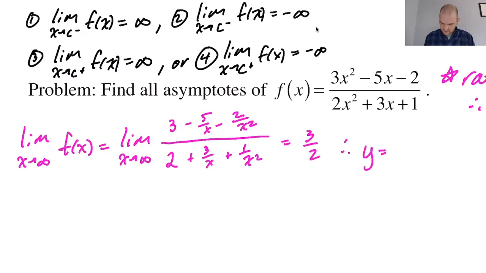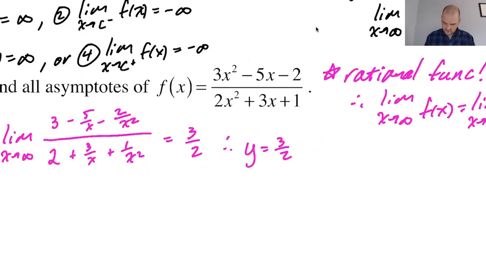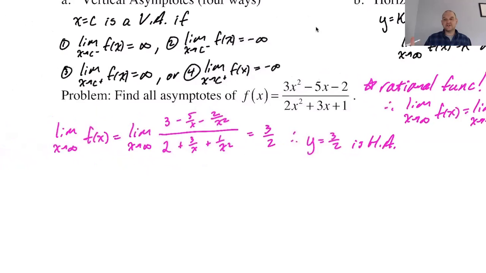Therefore, y equals 3 halves is a horizontal asymptote. Okay, we don't have to go to negative infinity because it's a rational function. We'd have to get the same answer if we went to negative infinity.